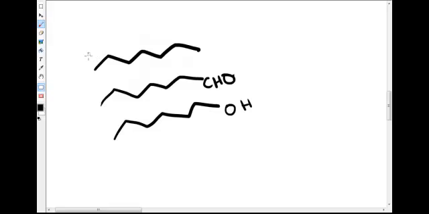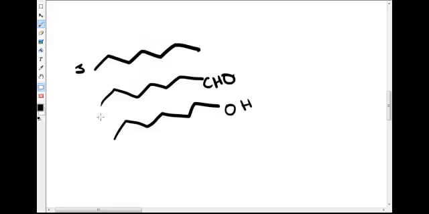If we look at this heptane molecule, if you had another one stacked on top of it, the only forces attracting it are the van der Waals forces, also known as London forces. Those are the weakest, which is going to make the boiling point the very lowest. So we'll go ahead and mark this 3 for the very lowest.